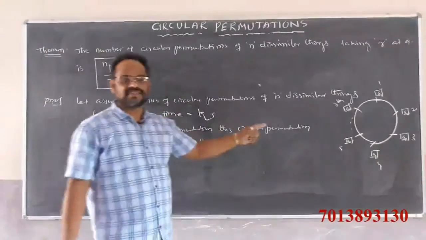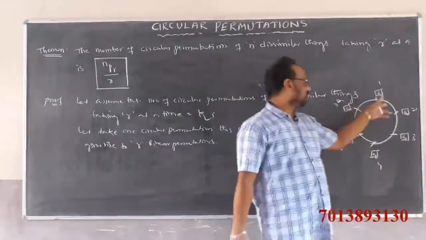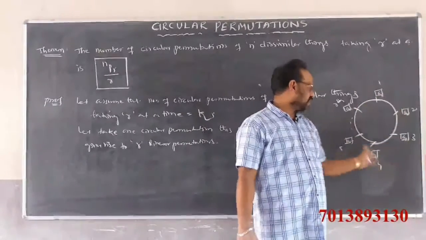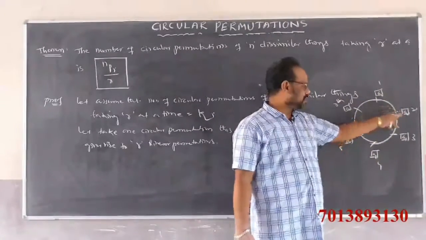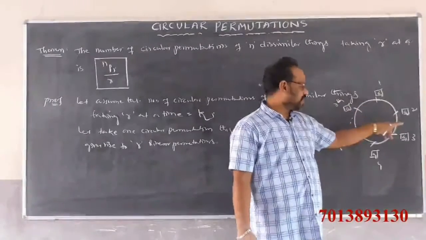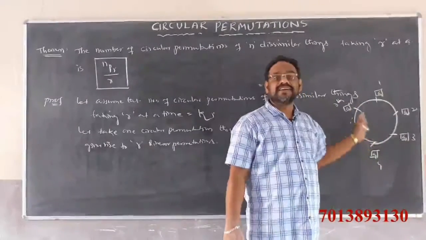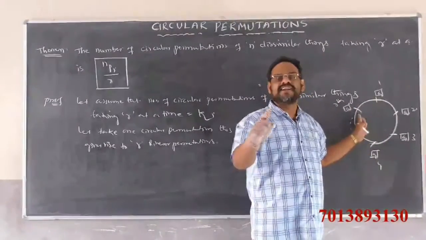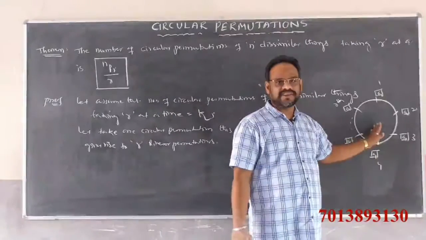If you disconnect this circle, we get A1, A2, A3 and so on up to Ar. If you disconnect here, we get A2, A3 and so on up to Ar. How many linear permutations do we get? Clearly, r linear permutations.